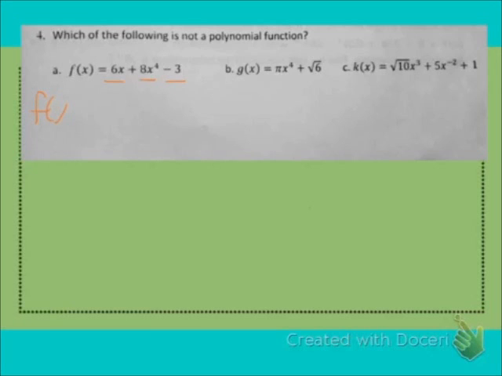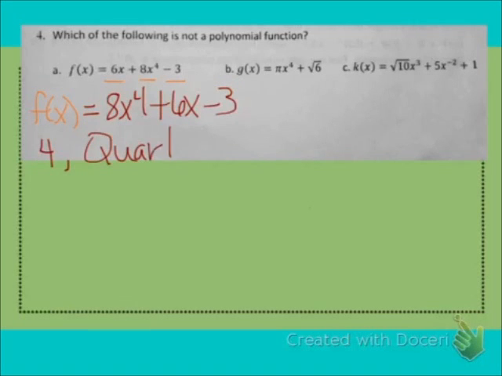You have to write it in standard form, and there it is. F of x equals, we put the biggest coefficient first, then the other one, and there we go. Because it is a degree of 4, we call this a quartic, and it is a leading coefficient of 8.